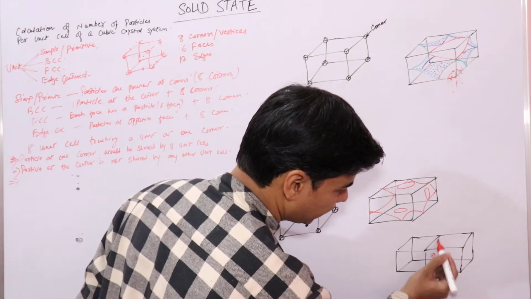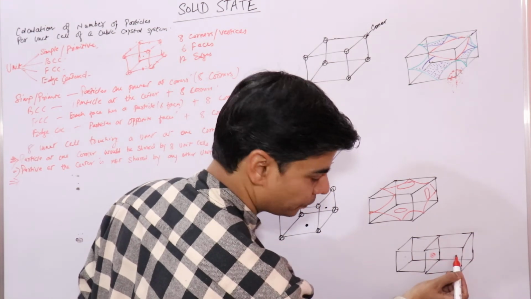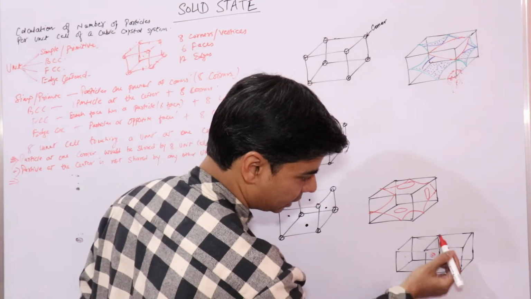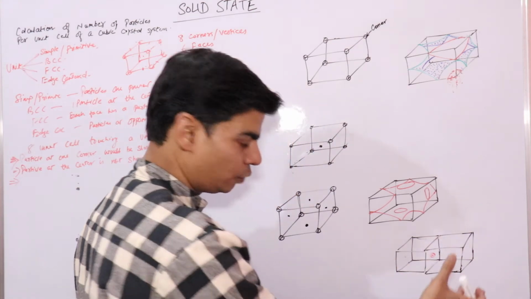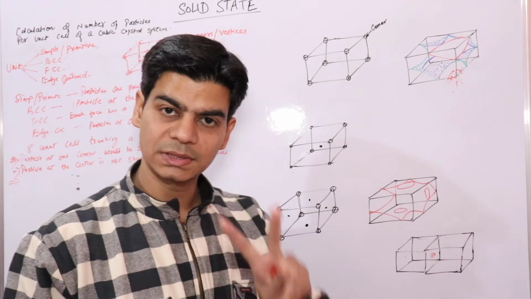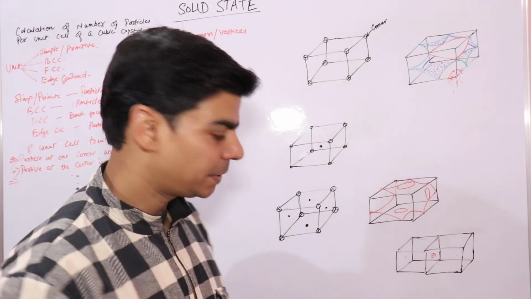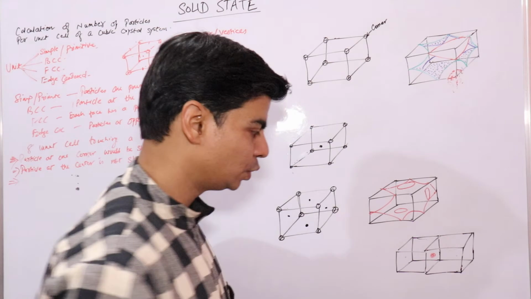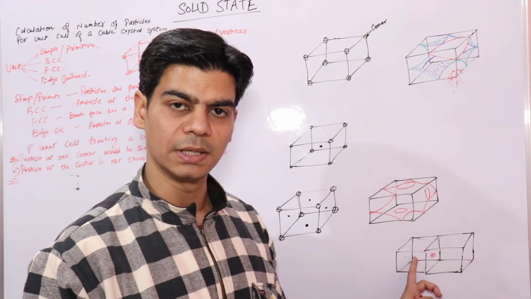These are 2 cubes, and these cubes are touching one another at this face. These two faces of the unit cell are touching one another. So the particle which is present at this face of the unit cell would be shared by both these unit cells.